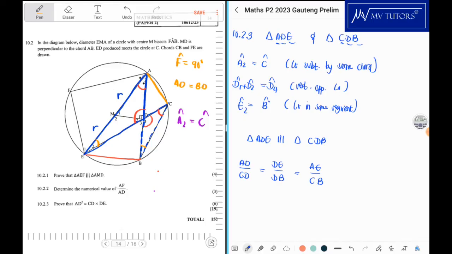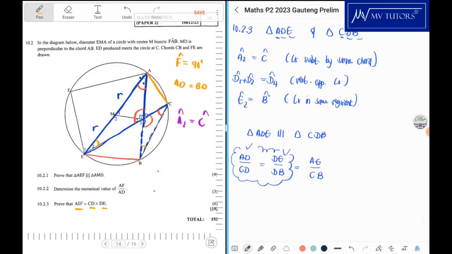And now I need to look at my answer. There's an AD here. So yes, I'm going to use this portion. There's a CD and there's a DE. Okay, so I'm going to go with this. All right. I don't think I have to focus on AE or CB.